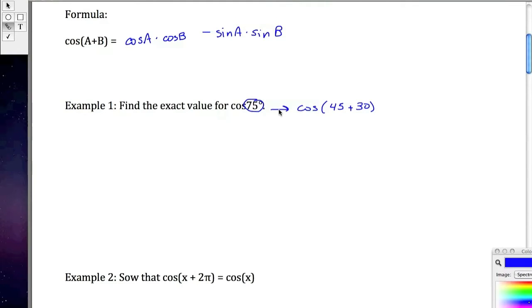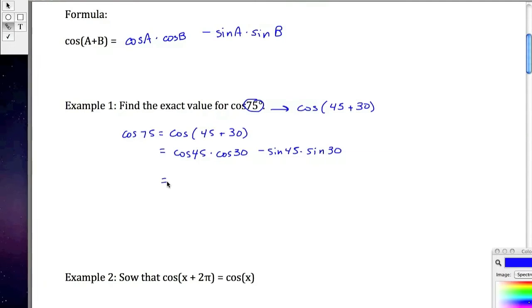So the cosine of 75 is equal to the cosine of 45 plus 30, which is equal to cosine of 45 times the cosine of 30 minus sine of 45 times sine of 30. Okay?